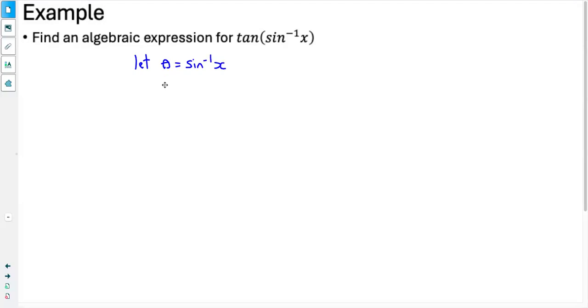If we do that, we can therefore say sin theta is equal to x. Now from looking at sine and our arcsine earlier, we know that we are now just dealing with a domain from negative π/2 to positive π/2 for sine.